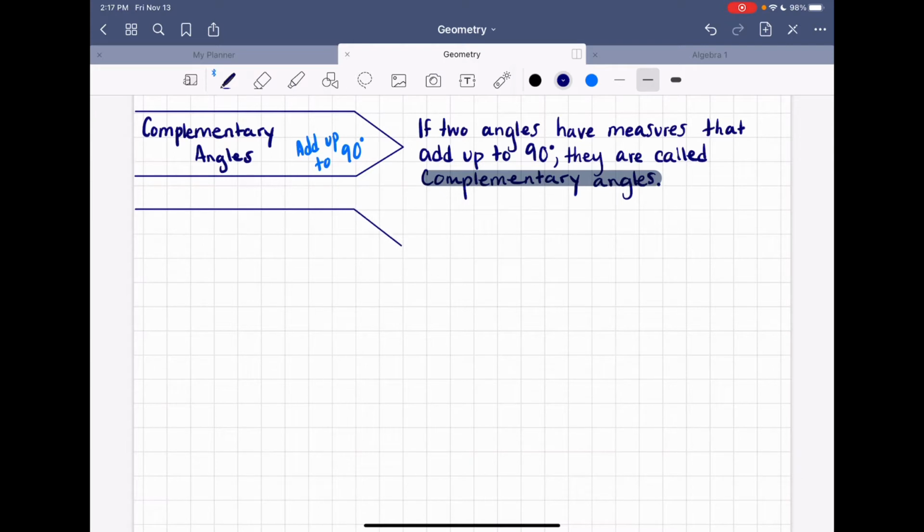Okay, the next one that we have is supplementary angles. If two angles have measures that add up to 180 degrees, they are called supplementary angles.